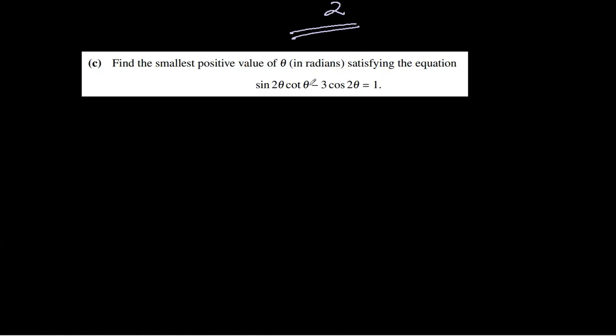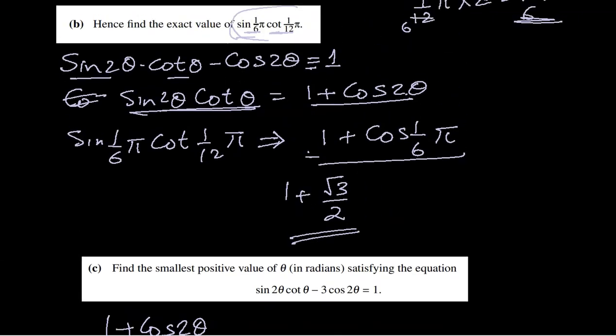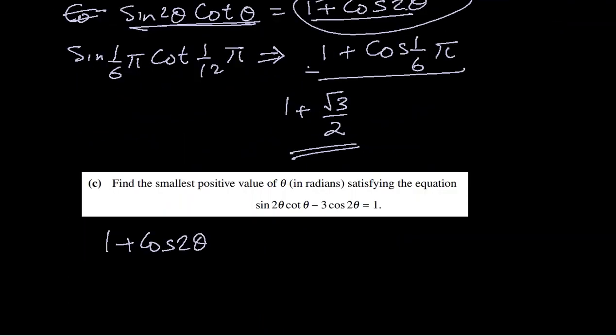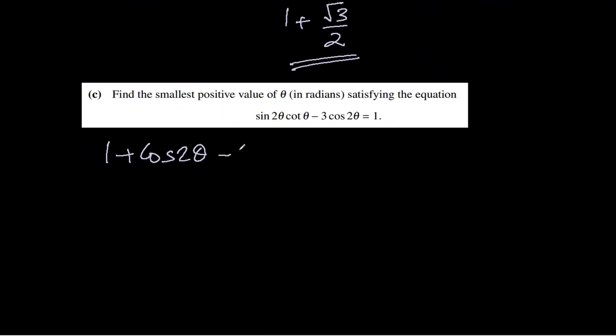So in the previous part, we found that this was equal to 1 plus cos 2 theta, as far as I remember. 1 plus cos 2 theta, yeah, this is what we got last time. Okay, minus 3 cos 2 theta is there, equal to 1. So let's simplify these two.